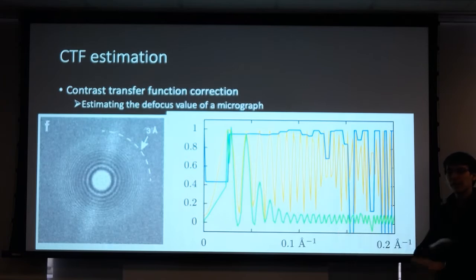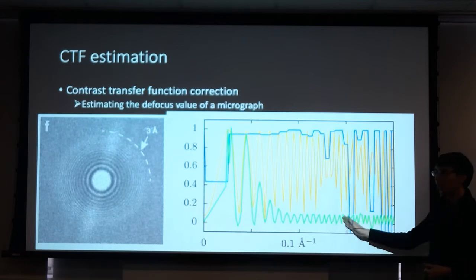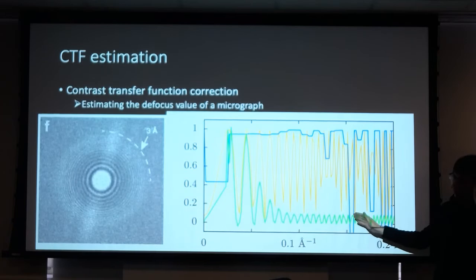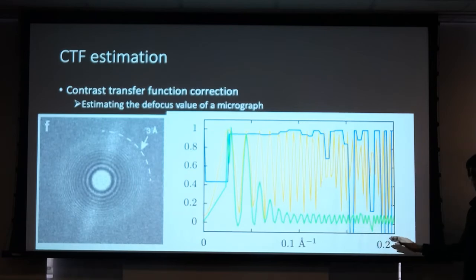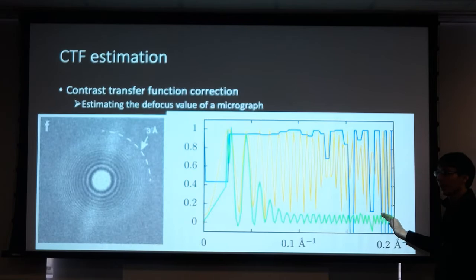So you're basically destroying your data by correcting for that contrast transfer function. And so that's why you really want that CTF estimation to be as accurate as possible to not destroy your data. Does that make sense? So that's really, really critical in achieving high resolutions.